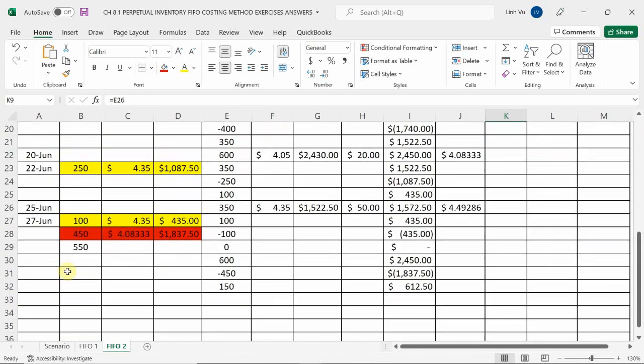And here, let's calculate how much it costs us to sell all 550 units. So 435 plus 1837.50. How much did it cost me to sell all 550 units? $2,272.50.